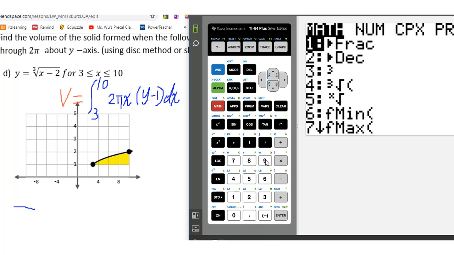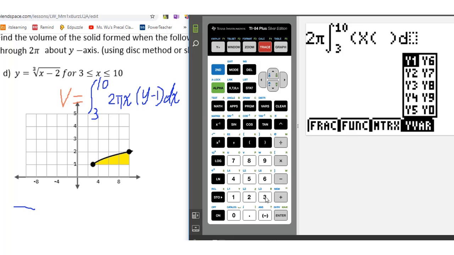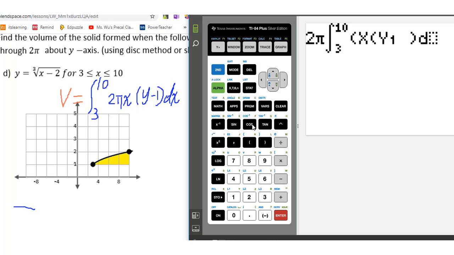Then go to math 9, from 3 to 10. x times alpha trace y1 minus 1. Then here's dx. Then enter. You will get the answer to this question.